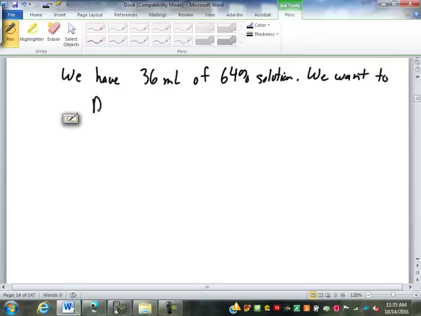We want to dilute it to, let's go, 16%. How much sterile water do we need to add?